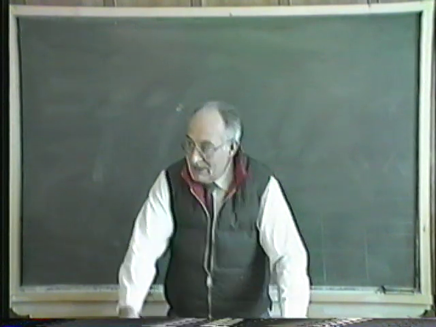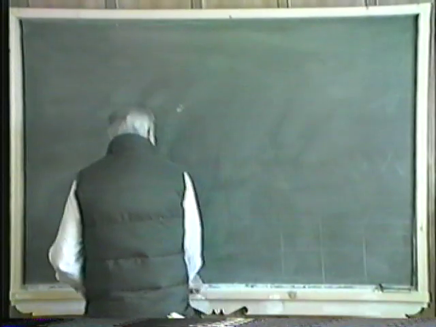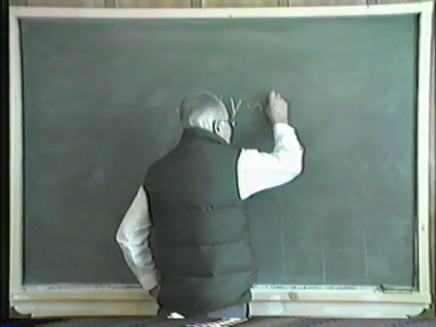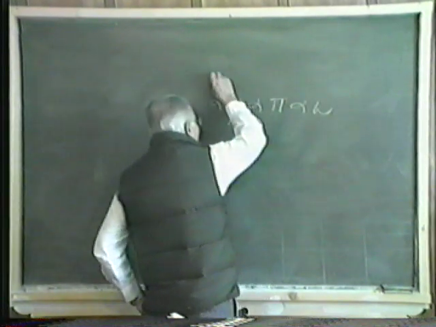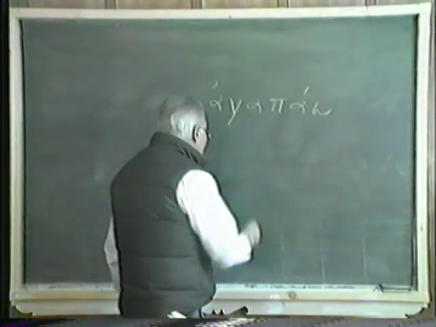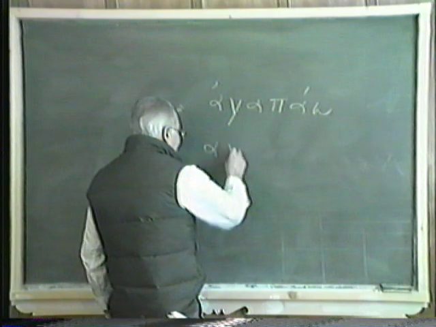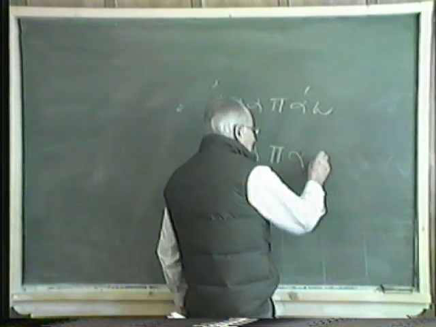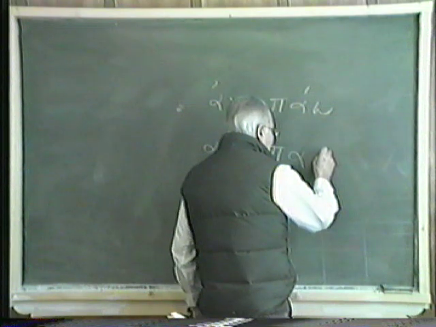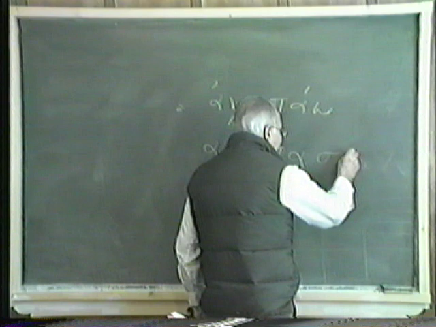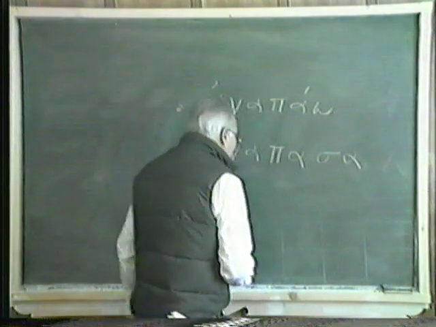Well, because, look, let's put it on the board here. Agapao. I love. Now I want to make that a first aorist. And so I'm going to put down agapa. And I can't use that, so I'm going to put sa there. Agapasa.